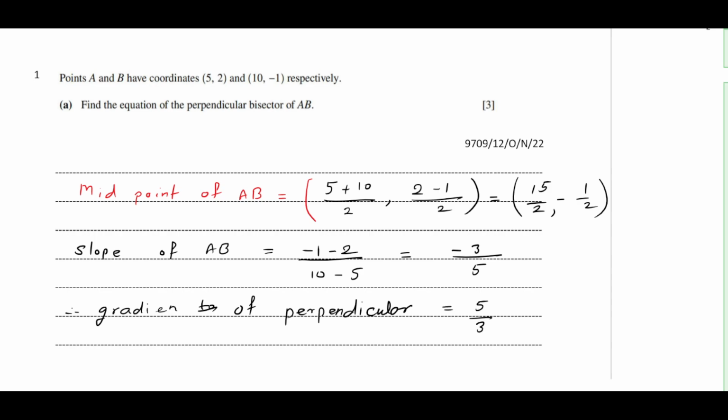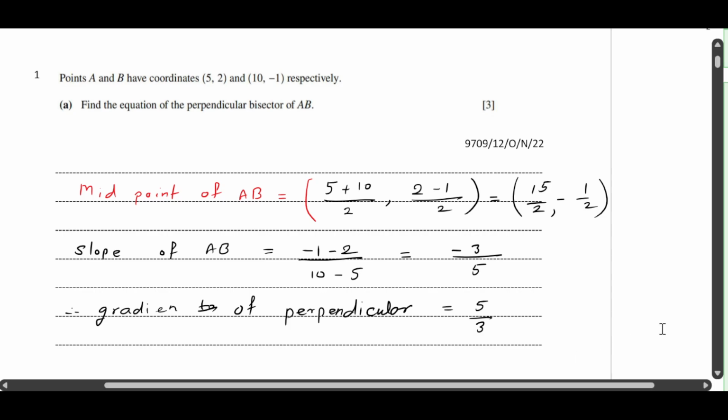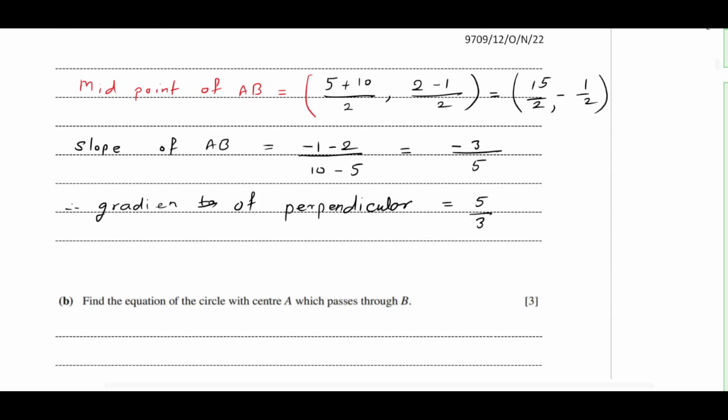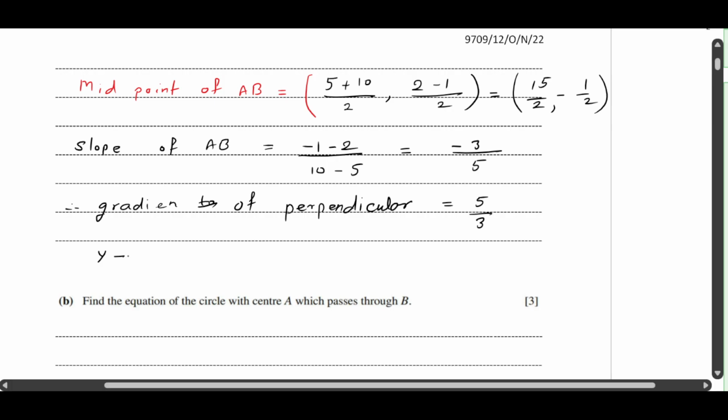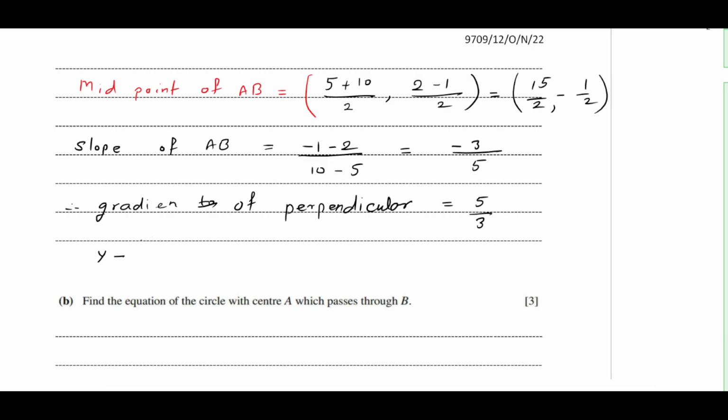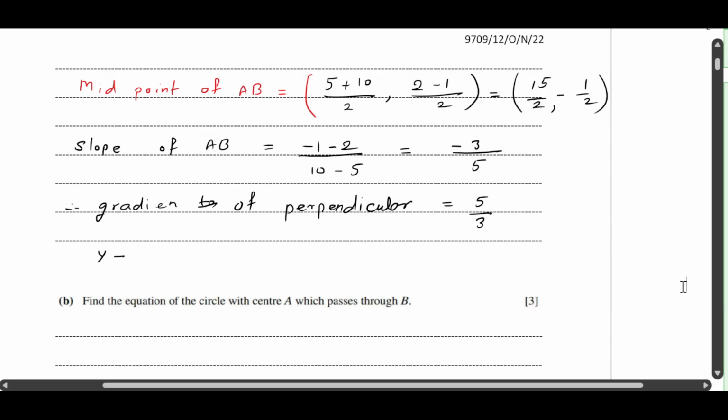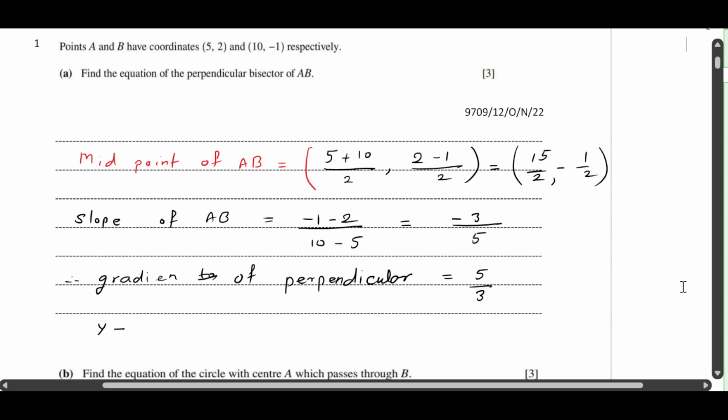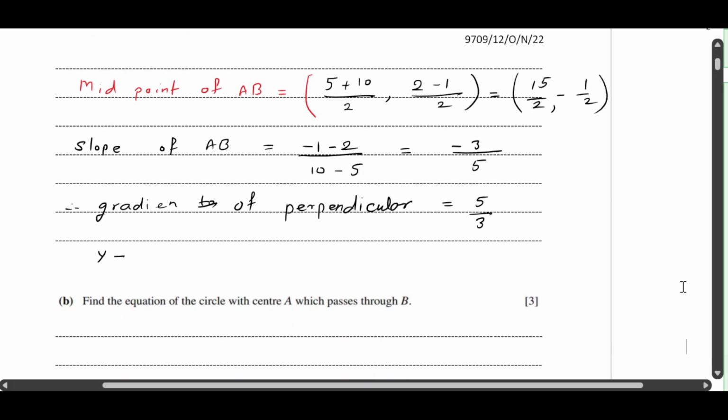So now I want the equation of the perpendicular bisector. The equation will be y minus the y coordinate of any of the points I can choose. So I choose point A. Point A is 5 comma 2.